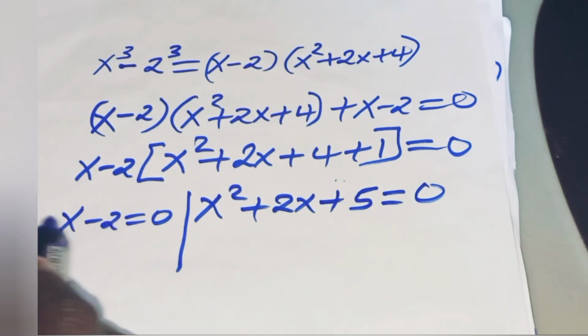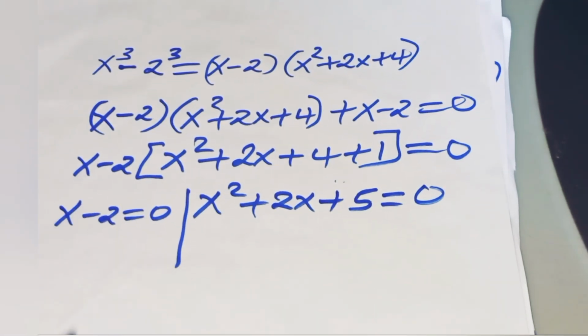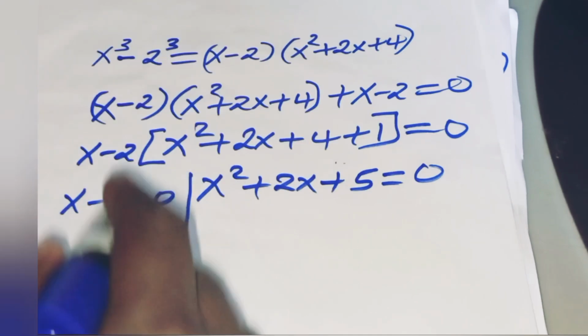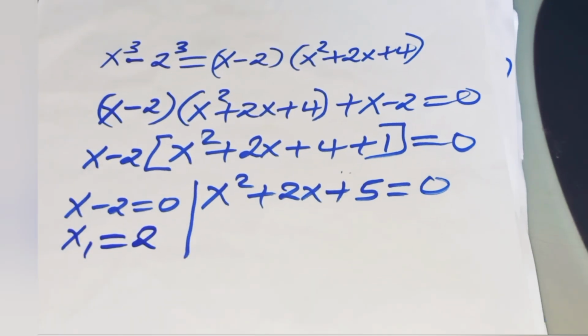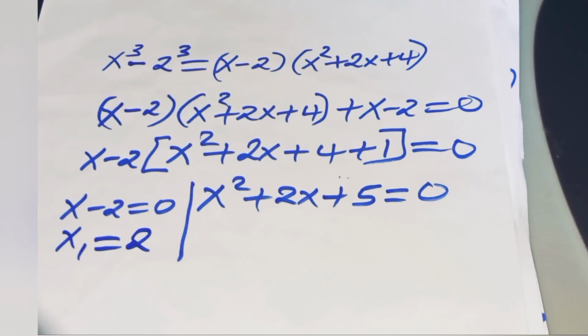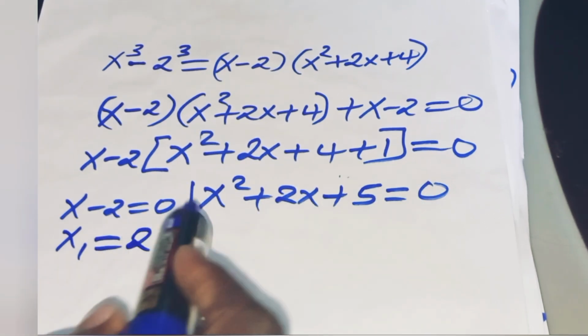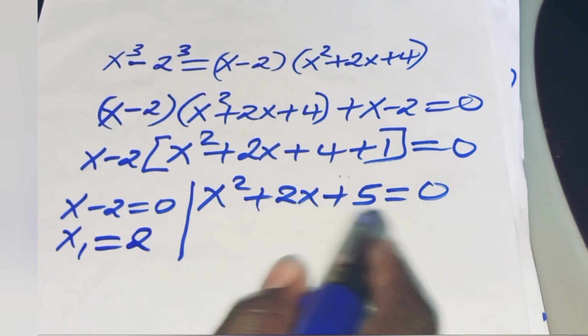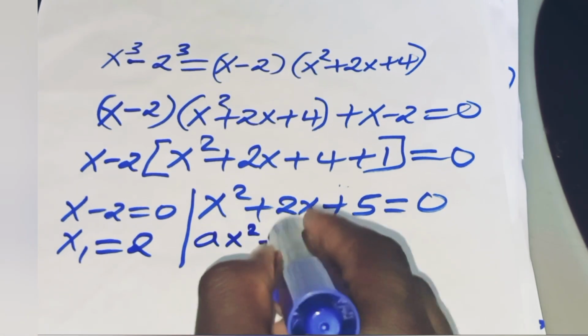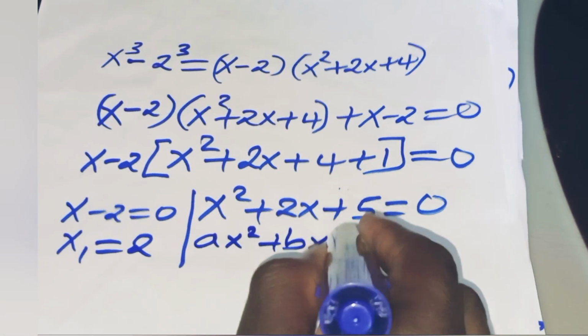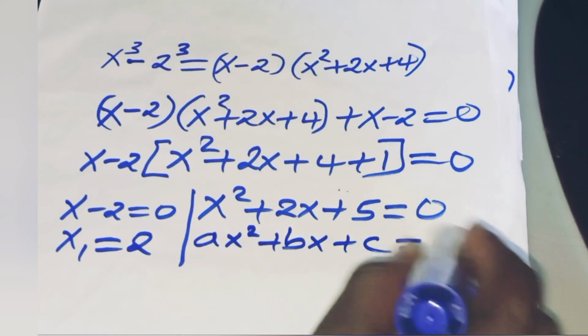From the first part, we have x minus 2 equal to 0. So that means x1, we can call this x1, is equal to 2. Okay, so let's solve for the other values of x from our quadratic equation here. Now this quadratic equation is in the form of ax squared plus bx plus c equal to 0.